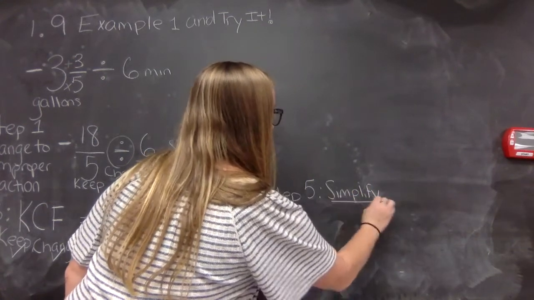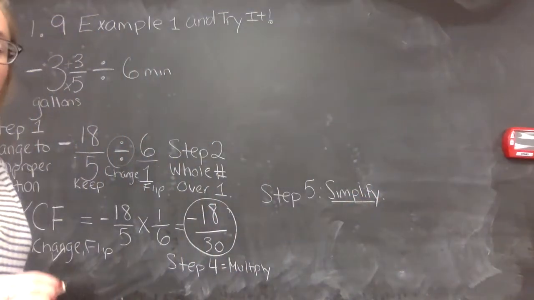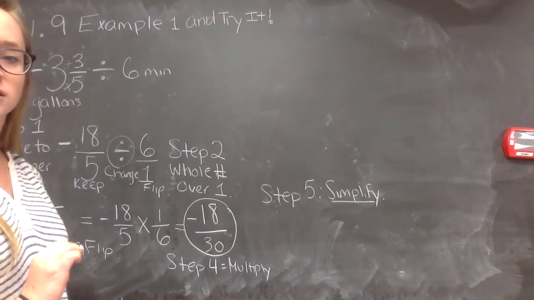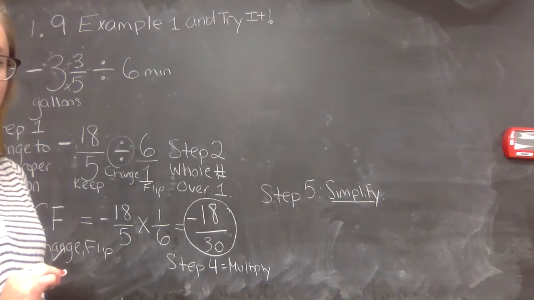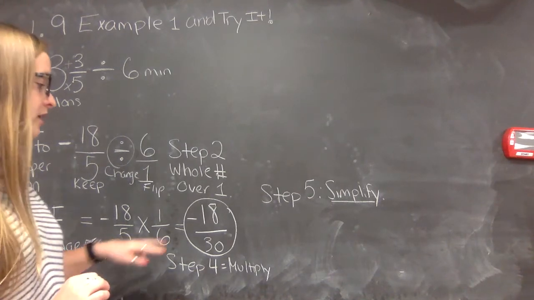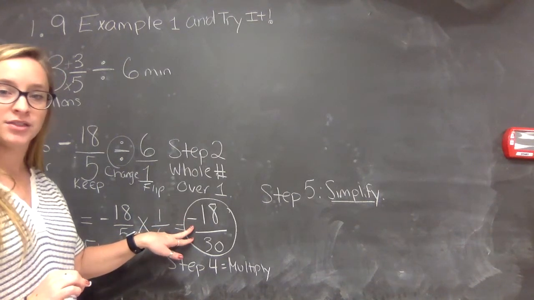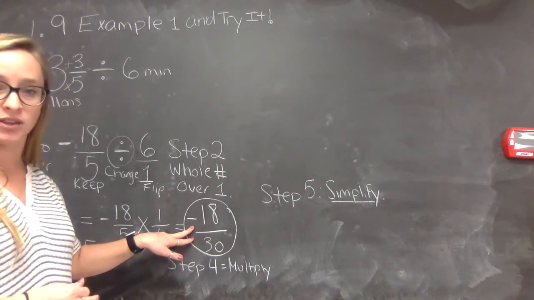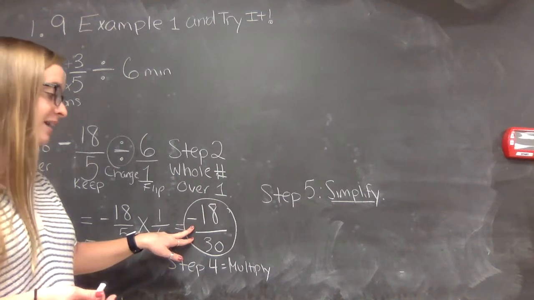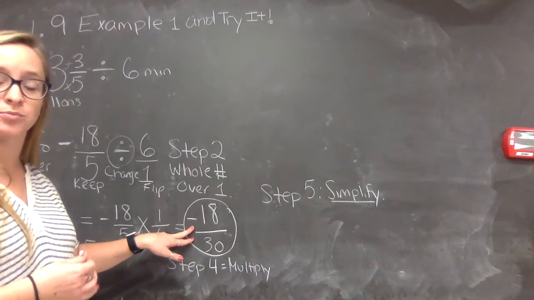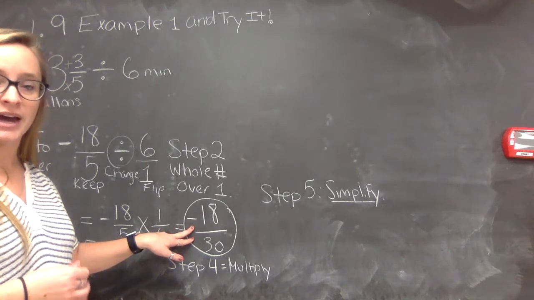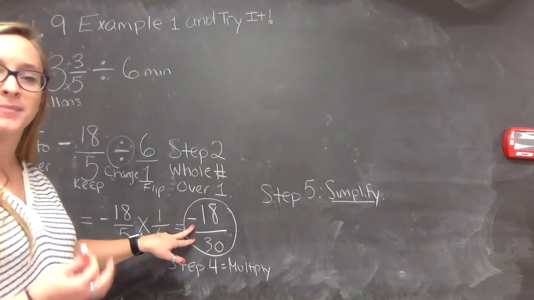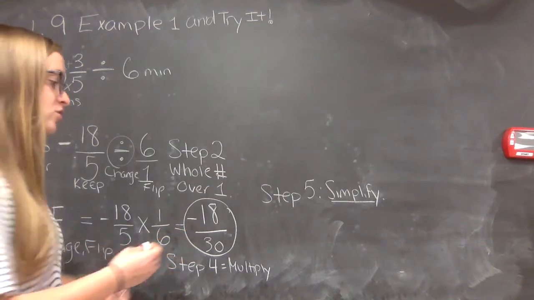By simplify, we have to make this fraction an equivalent fraction as small as it can be made. If I look at 18 and 30, I want a number that will go into each of these evenly, which means I need a factor that will fit into both. I could try 2 or 3, but my biggest common factor is going to be 6.